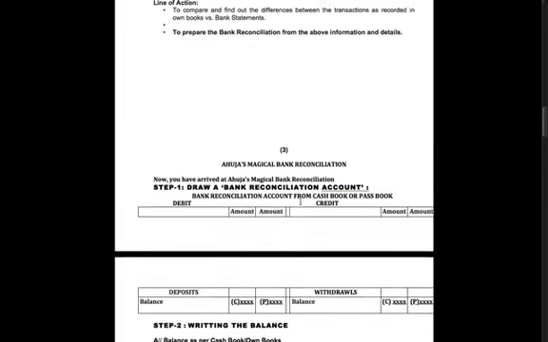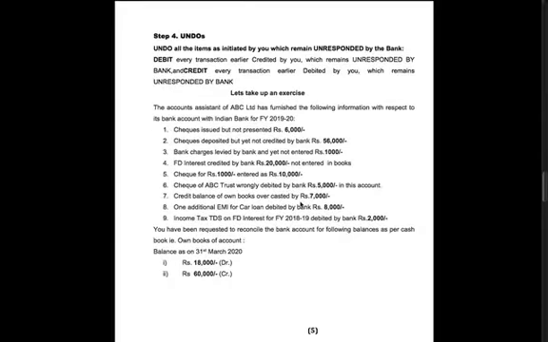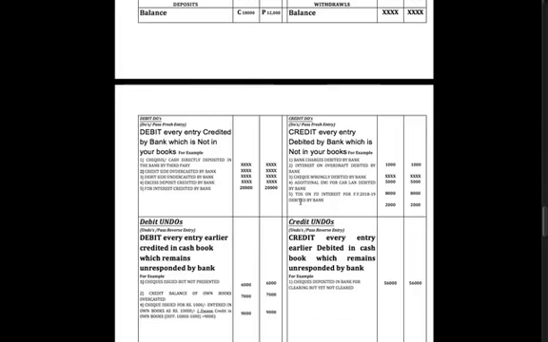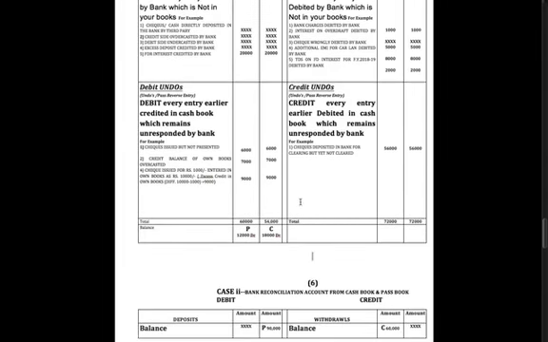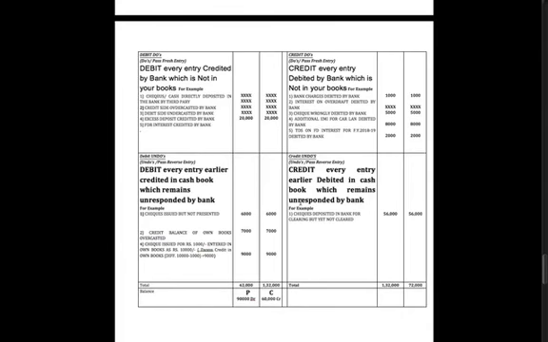They have used the addition and subtraction technique of reconciliation, and this is Suresh Ahuja for the first time have introduced completely magical way of doing bank reconciliation.